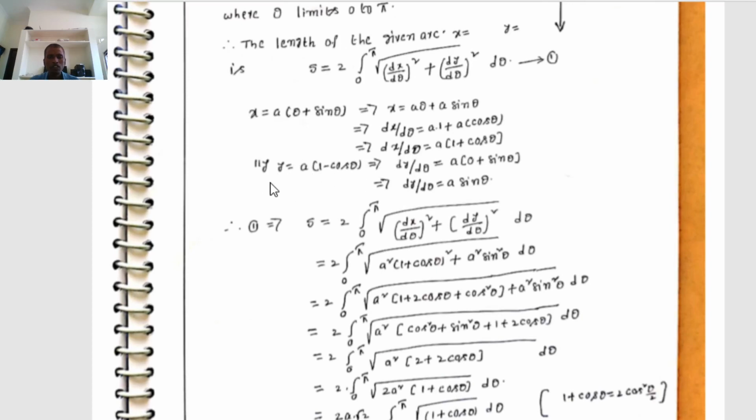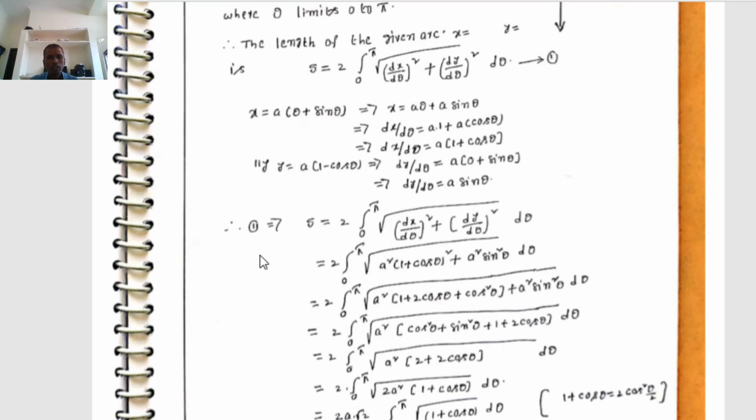Since y equals a into 1 minus cos theta, dy by d theta equals a into the derivative of 1, which is 0, minus the derivative of cos theta, which is minus sin theta, so minus times minus is plus, that is a into sin theta. Therefore dx by d theta equals a into 1 plus cos theta, and dy by d theta equals a into sin theta. Substitute these in equation 1.